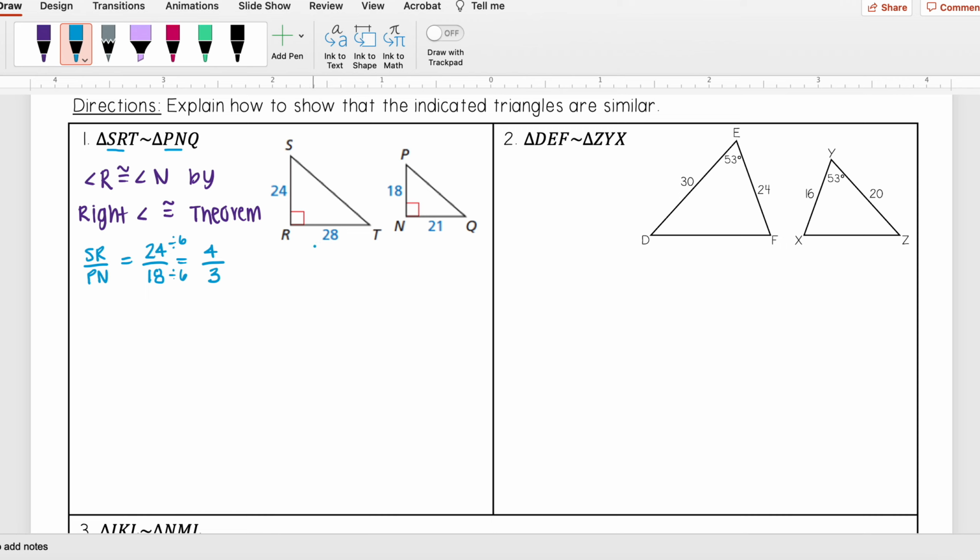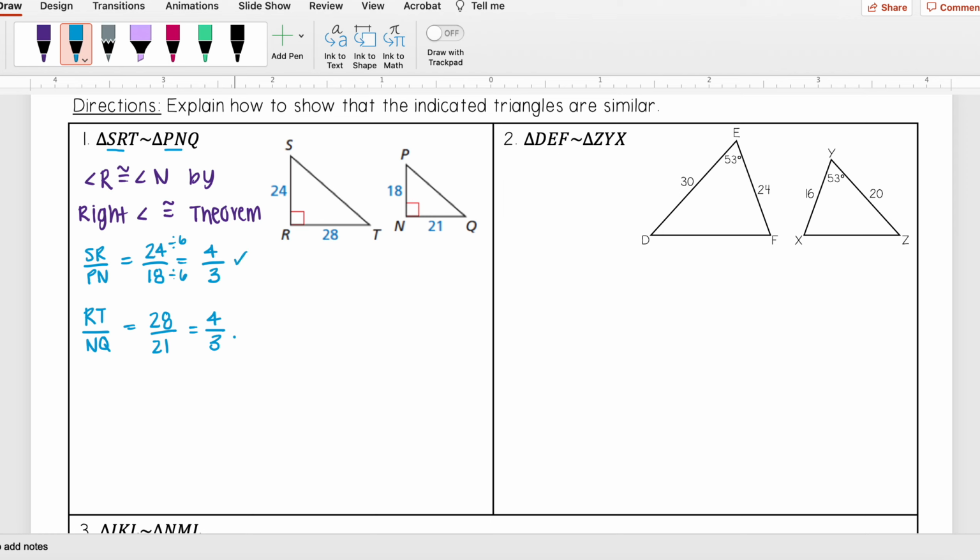And then that leaves RT over NQ. RT I see is 28, and NQ has length 21. And then when I reduce that fraction, I see that 7 goes into 28 and 21, and so when I divide 7 from both top and bottom, I get 4/3 again.